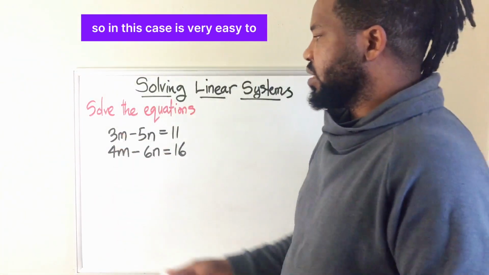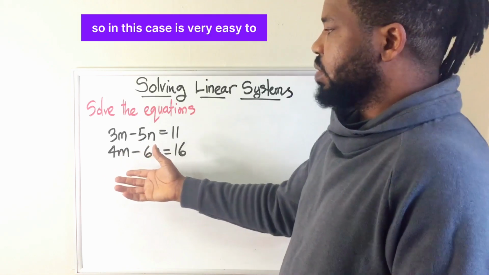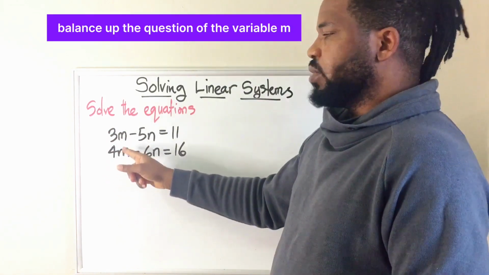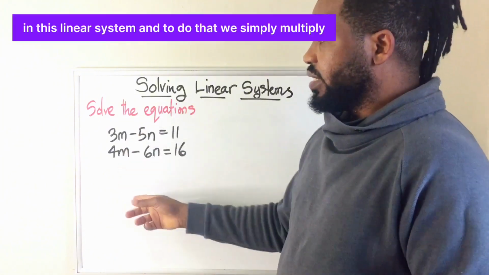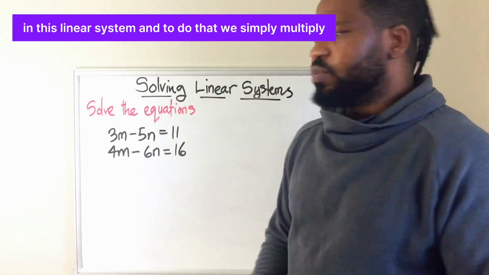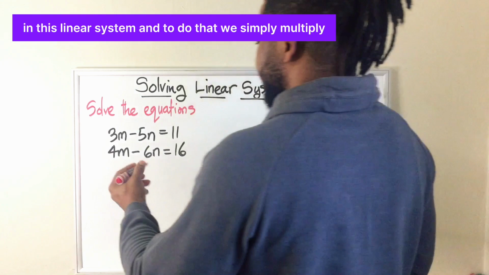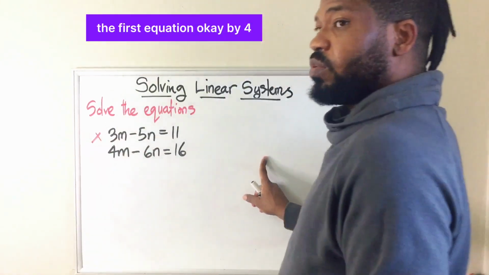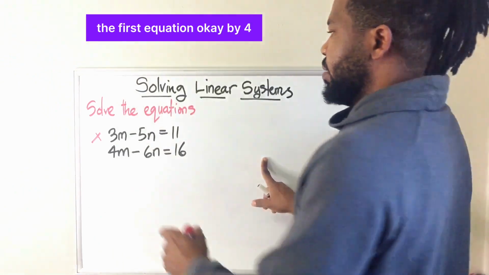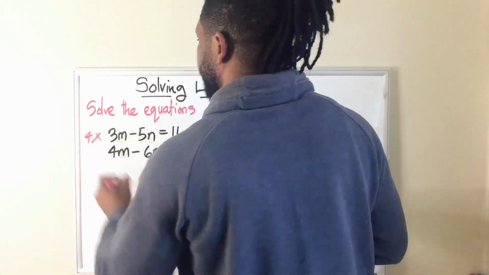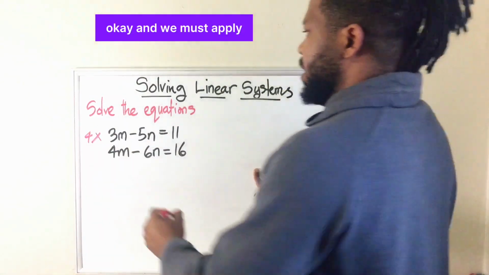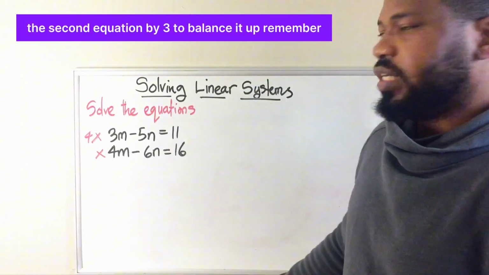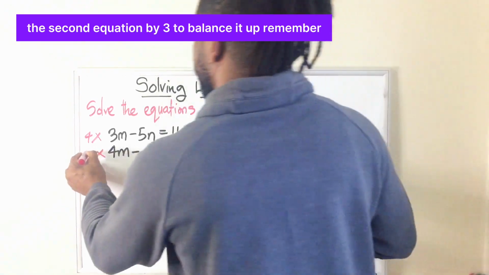So in this case, it's very easy to balance up the coefficient of the variable m in this linear system. And to do that, we simply multiply the first equation by 4, and we'll multiply the second equation by 3 to balance it up.